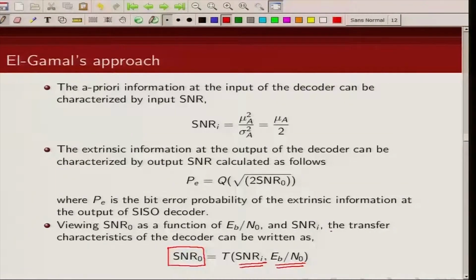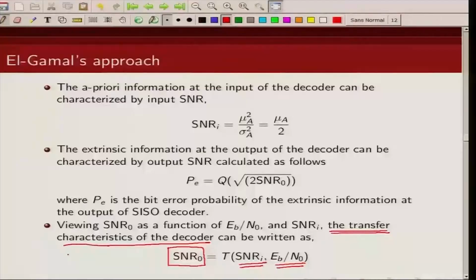This is basically what I call the transfer characteristics of the decoder, because my decoder is a function of a priori inputs as well as channel received values. Now, the channel received value is a function of the channel operating SNR, and the a priori information is a function of the a priori input SNR. So, I can view the SNR of the extrinsic information as a function of the input SNR of the a priori values as well as the channel operating signal to noise ratio.